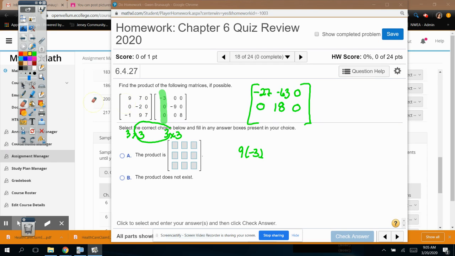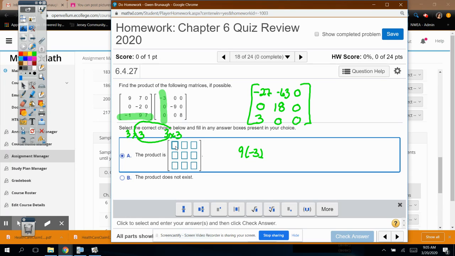The last row by column: the -1 will be with the -3, which is a 3, and then a 0, and a 0. So I'm going to type this in and see if we made any mistakes here. -27.